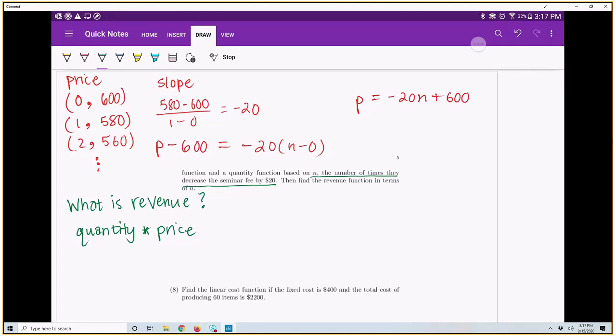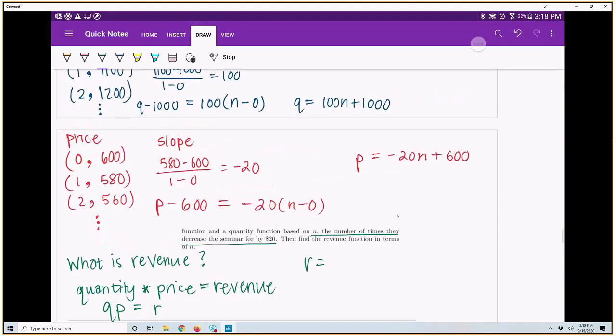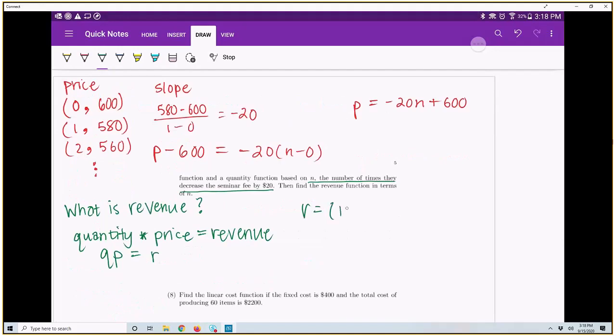And it asks us to find revenue as a function of N. So this is quantity times price is equal to revenue. So I'm going to say R is equal to Q times P. And I'm going to put these functions that we found. So R is equal to, for Q we had 100N plus 1000. And for P, we had minus 20N plus 600.